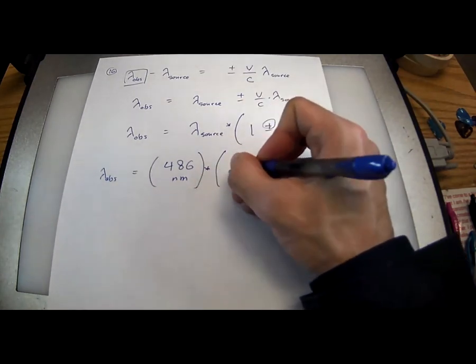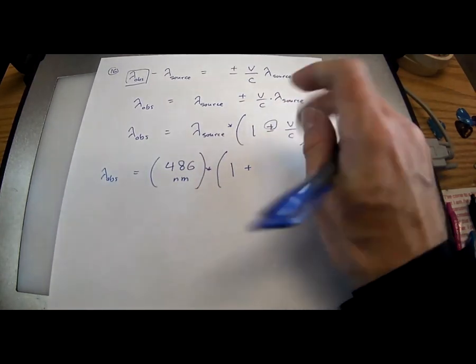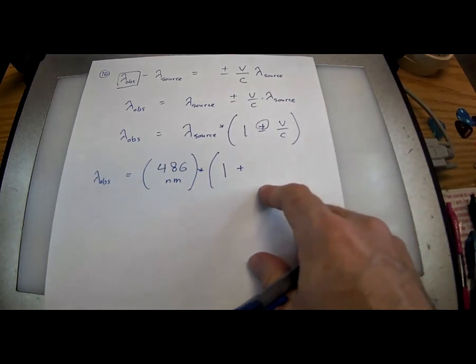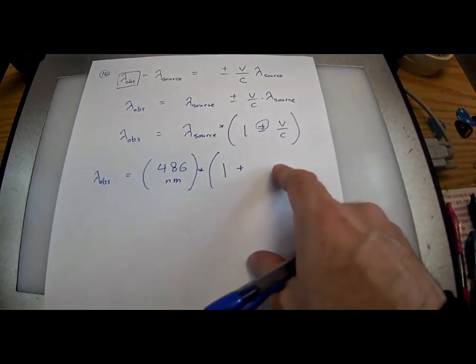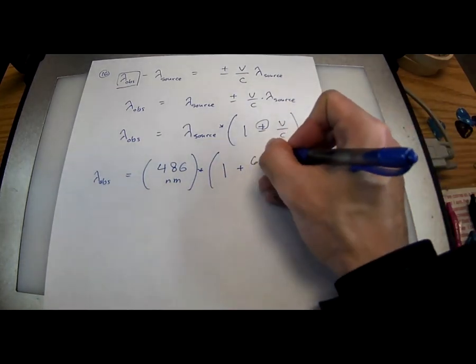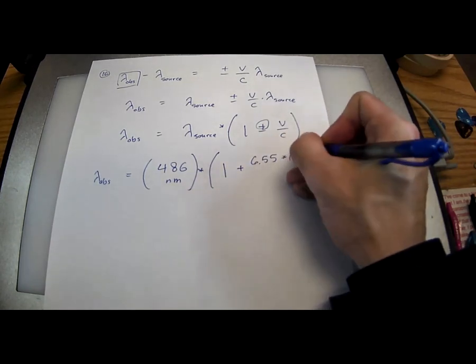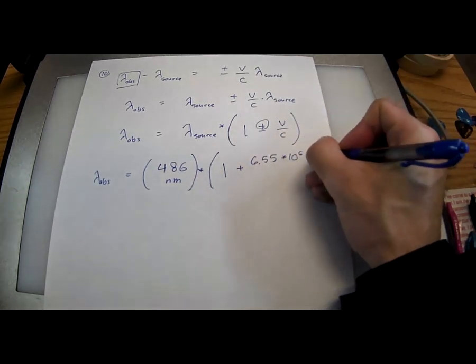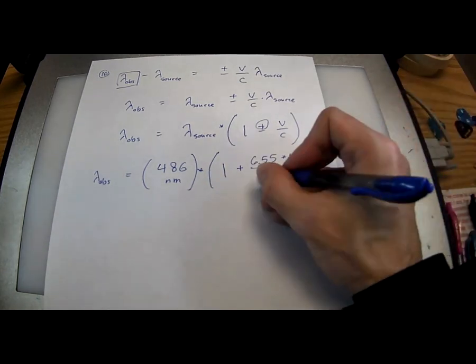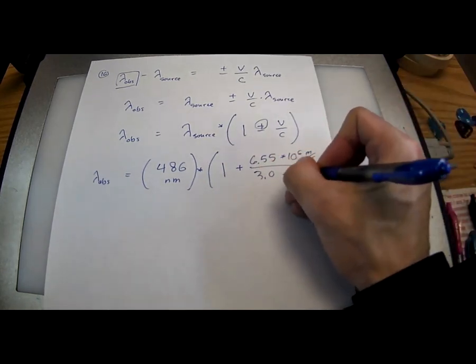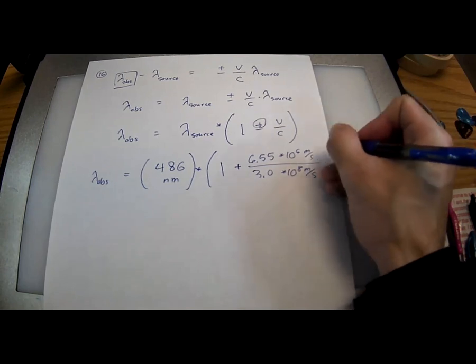Multiplied by 1 plus, we decided to take plus because wavelength is stretching out. And here's where I'm going to alter the v: 6.55 times 10 to the power of 6 meters per second, compared to 3.0 times 10 to the 8 meters per second.